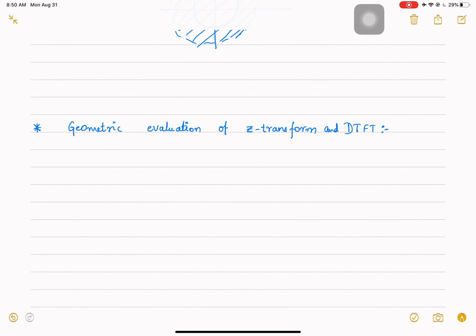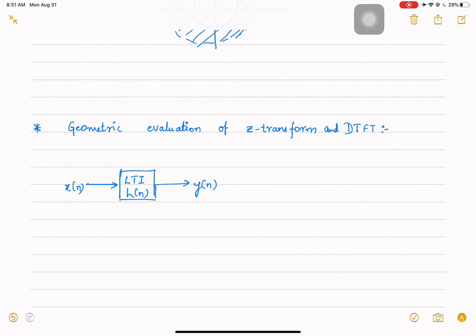So here the theory is, there are two ways to characterize an LTI system, and both are equivalent. I have an input x of n in the time domain, and the output is y of n.